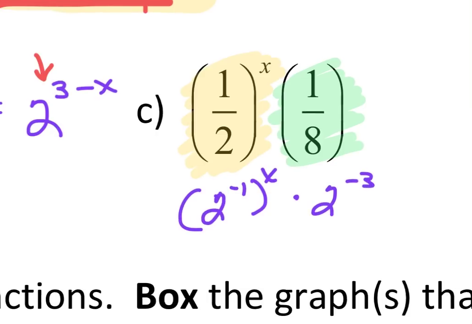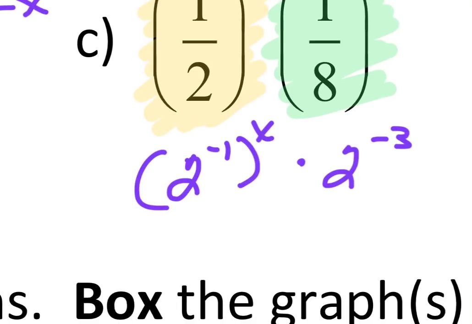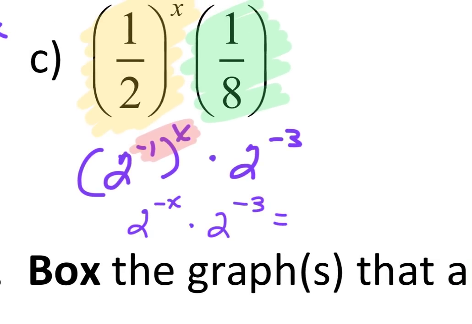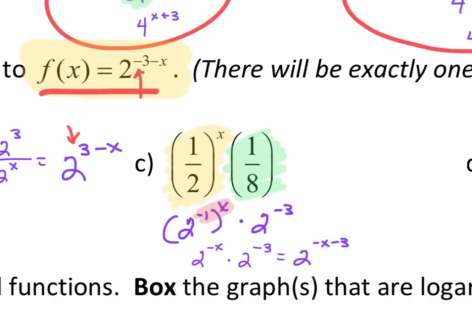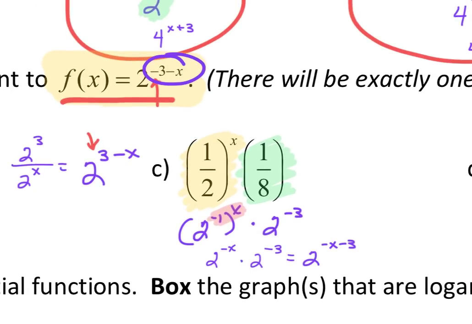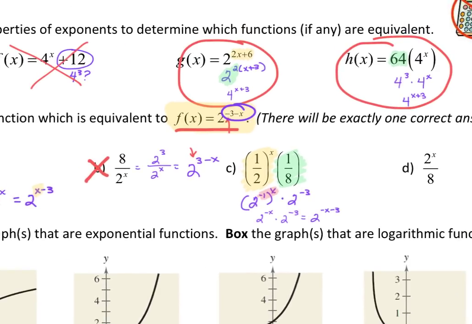Well, if I multiply negative 1 times x here, I get 2 to the negative x times 2 to the negative 3, and then I add negative x plus negative 3 is negative x minus 3, which is essentially the same thing as negative 3 minus x. And so my answer for this question is C.